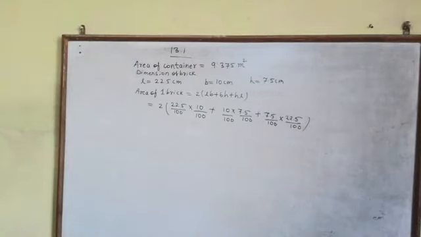So easily we can cancel some numbers. 1 upon 100 is common in all the columns, so we can take 1 upon 100 common.